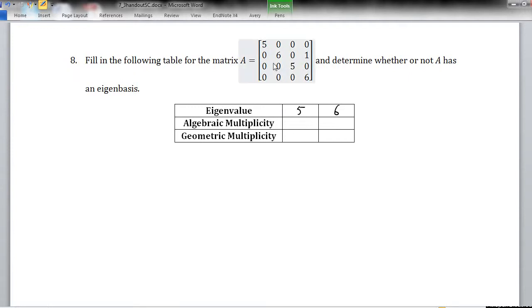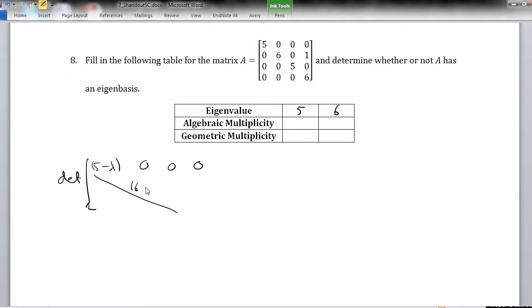Okay. And moreover, if you think about the characteristic polynomial, it's going to be the determinant of A minus lambda I, so it's 5 minus lambda, 0, 0, 0, and then it's all zeros below the main diagonal, right?